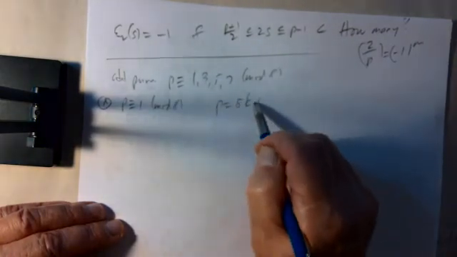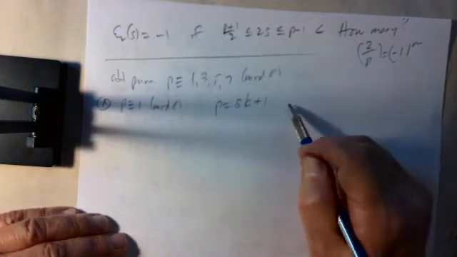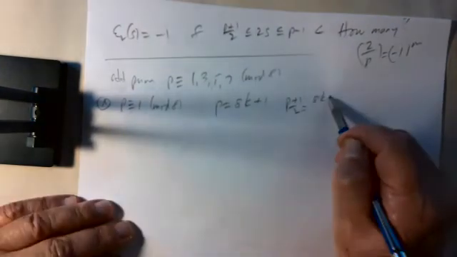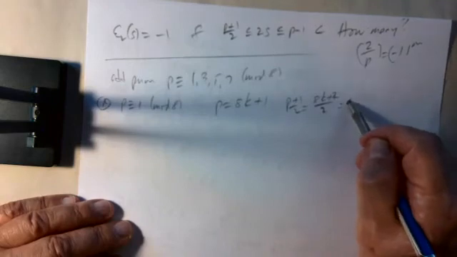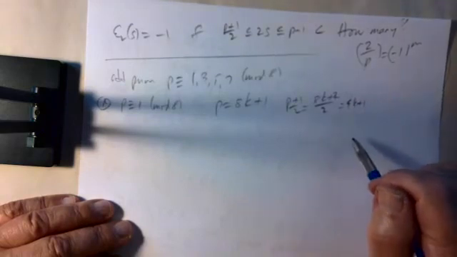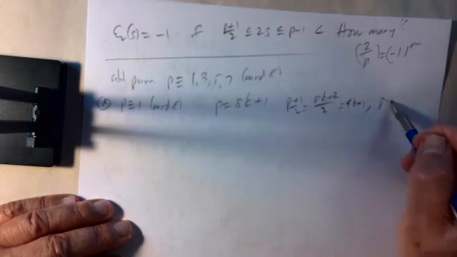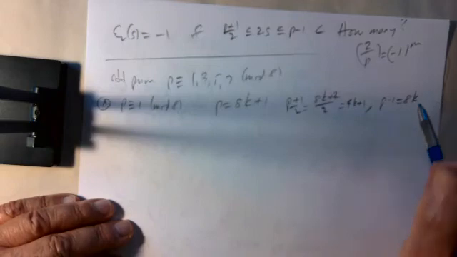So P is a number of the form 8K plus 1. So (P plus 1)/2 is (8K plus 2)/2, which is 4K plus 1. And P minus 1 is 8K.